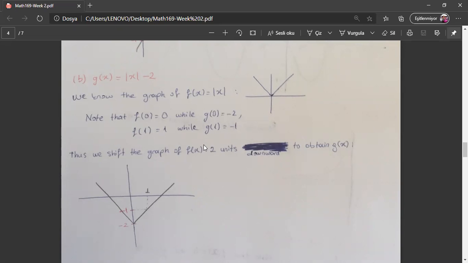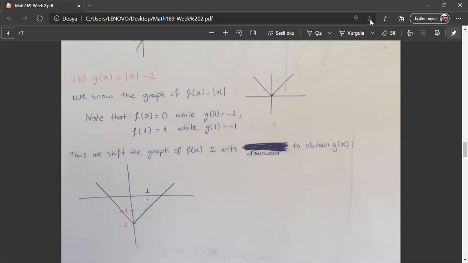So what do we do? We shift the graph of this function f 2 units downward to get the graph of g, right? Because when we put 0, we get minus 2 instead of 0.